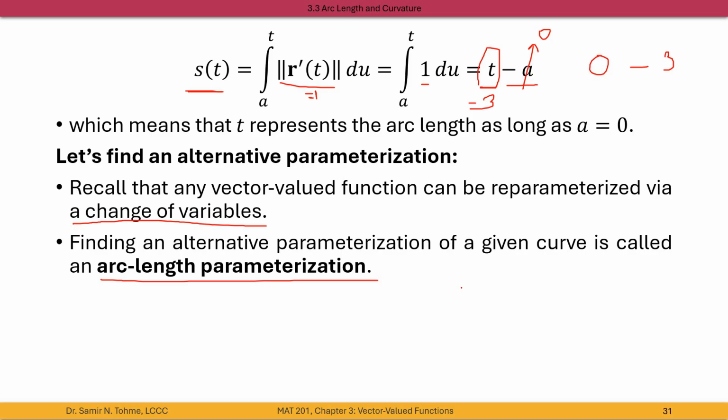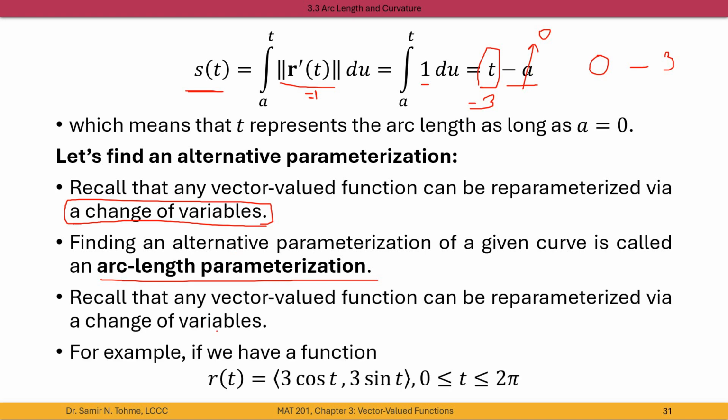What does parameterization mean? If you have a vector function in terms of a variable t, we can change the variable from t, let's say to u, to another variable without changing the shape of the curve. Although when you change the variables, you're gonna change the equation itself. However, even if the equation has changed, the curve will remain the same.